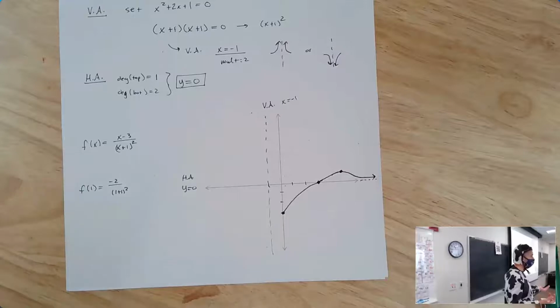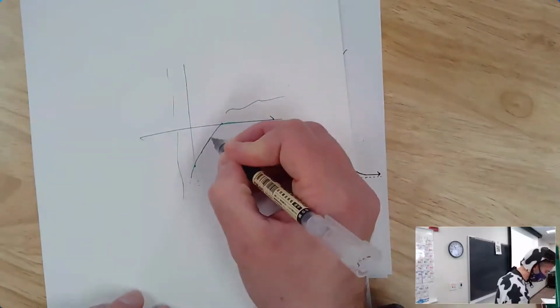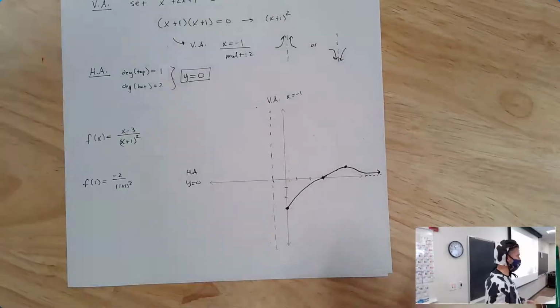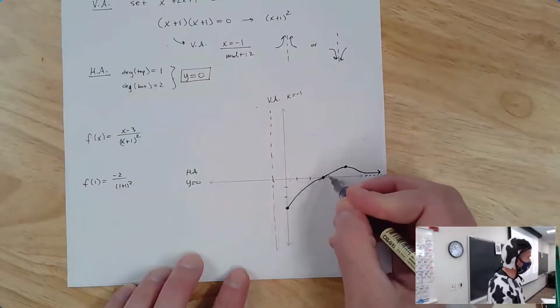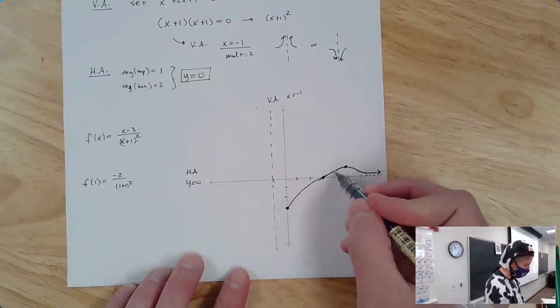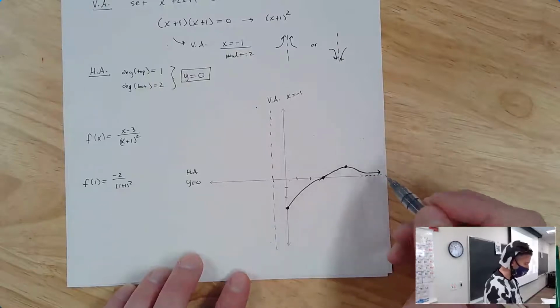This function's smooth, it's differentiable. It's got no pointy points, no weird sharp turns. So we can't just flatten out like that, unfortunately. We have to cross like we were told we were going to by the multiplicity of the x-intercept. And then we can't just keep going up. We have to eventually get closer to our horizontal asymptote.